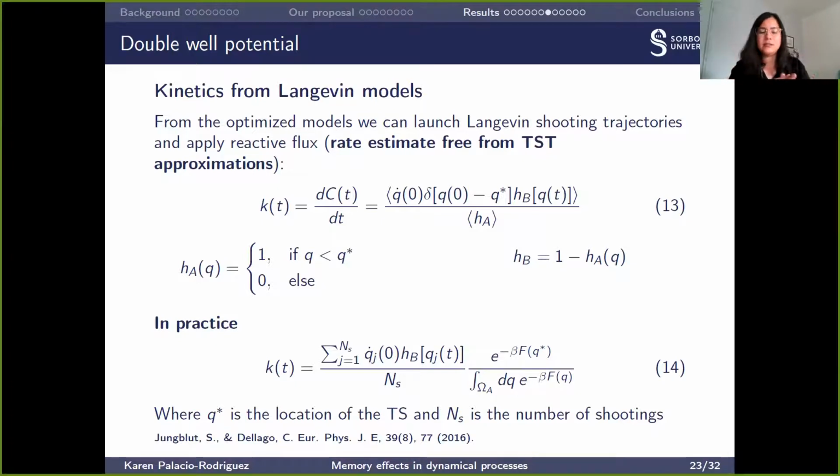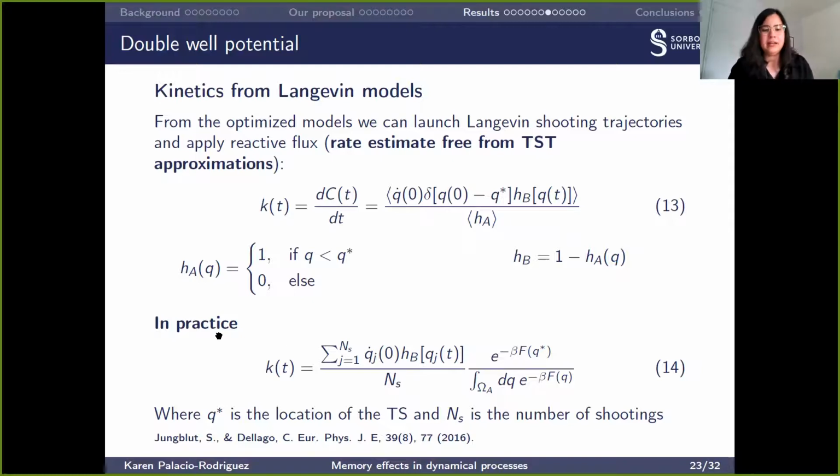This reactive flux formalism is a robust method that is free from the approximations of transition state theory. The only limitation that it has is that it needs a lot of data to converge. But now we don't have the problem of sampling because with the Langevin models, we can generate many trajectories at a cheap cost. So we apply this formula that is based on correlation functions.